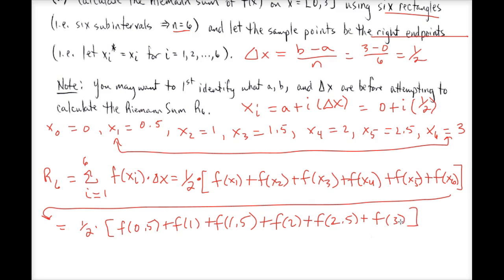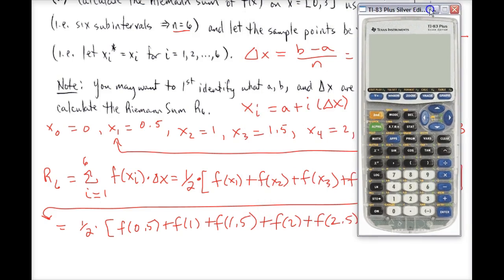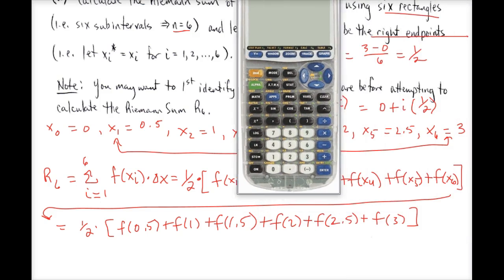And of course, at this point, you could use a calculator to figure out what all these values are. Not really that much to it. So what I would recommend you do now is to actually pull up a calculator, put that function into your calculator, and let it evaluate the values. So come here and bring this up, and we'll go ahead and do that.